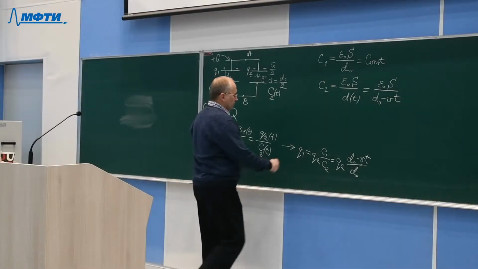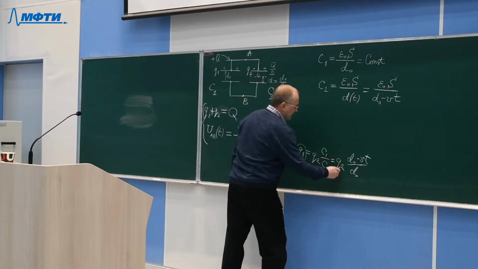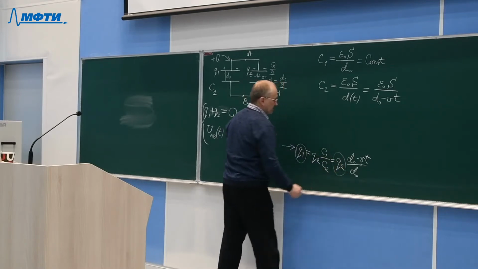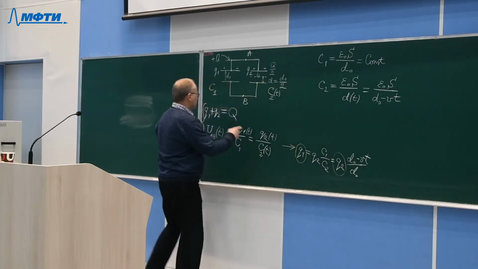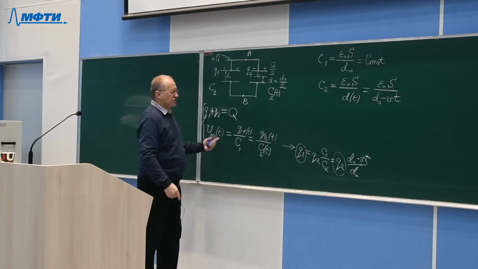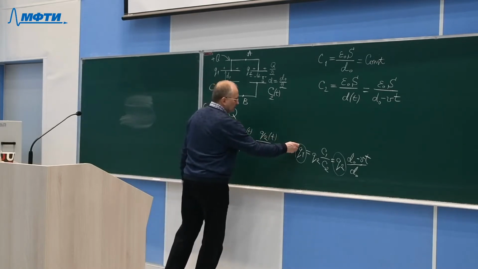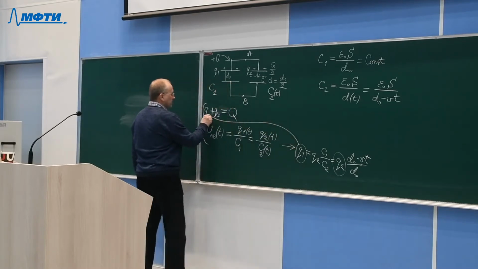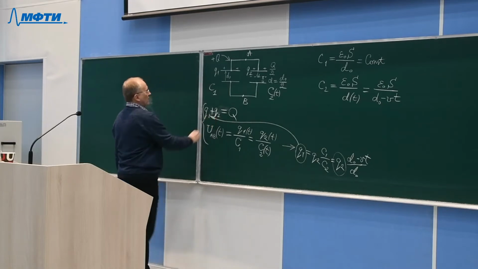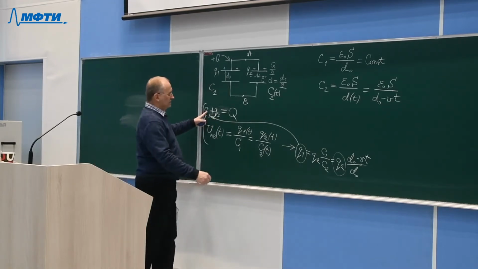Now we know the relationship between the charge on the first capacitor and the charge on the second capacitor. And if we use this relationship in the first equation, then we can find these charges as functions of time. For example, if we take this expression for Q1 and substitute it in this equation for Q1, we will obtain the following equation.